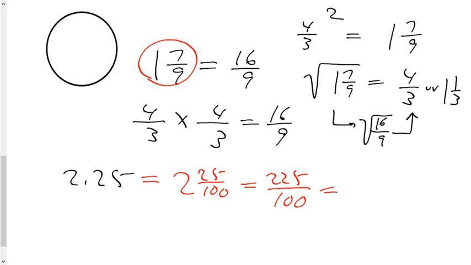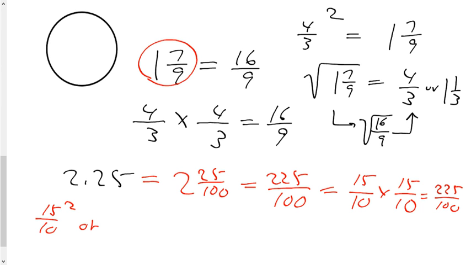What times itself is 225? 15. So what fraction times itself is equal to 225 over 100? The answer is 15 is your numerator because 15 times 15 is 225. And 10 times 10 is 100. So therefore, the two things we could say is this: 15 over 10 squared, or what's 15 over 10 as a mixed fraction?